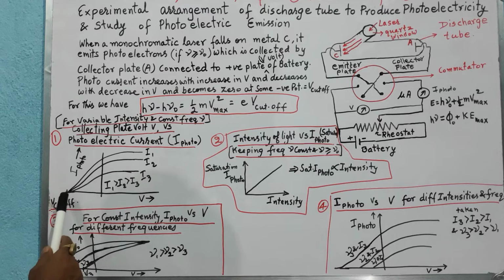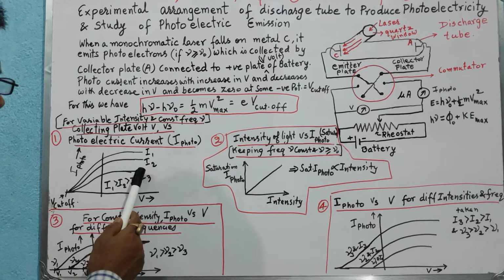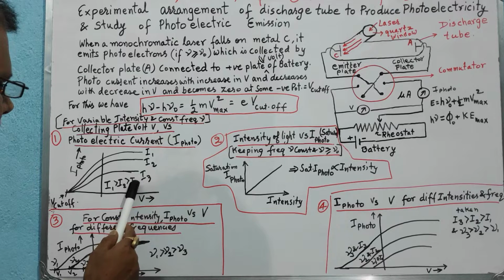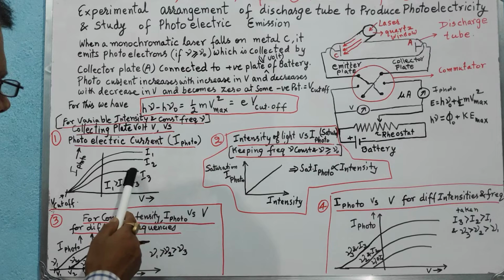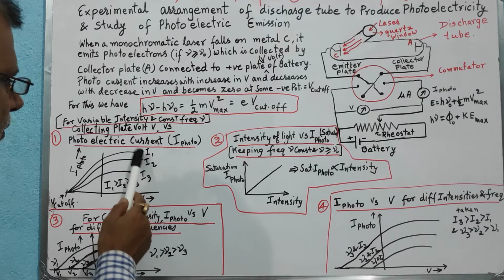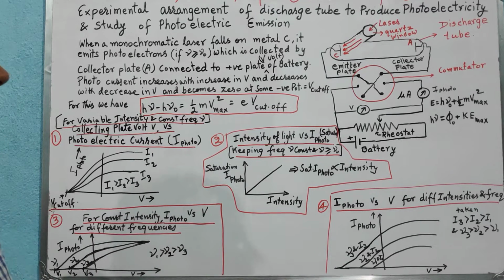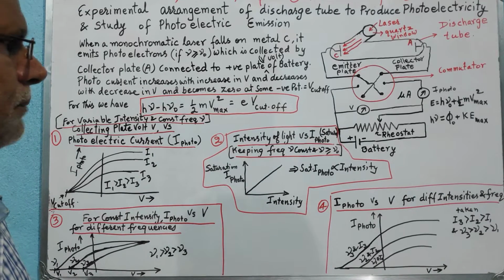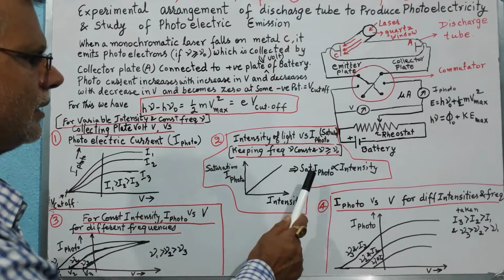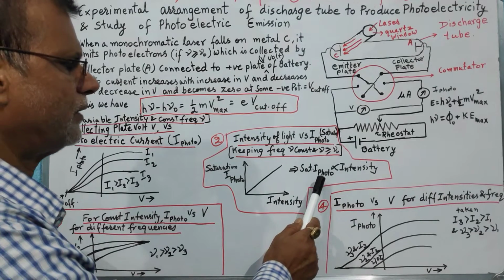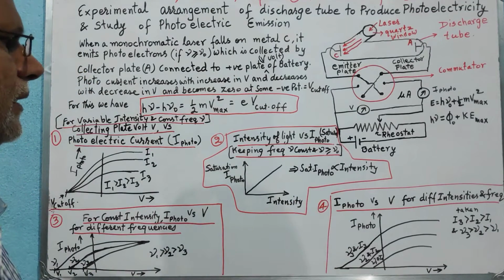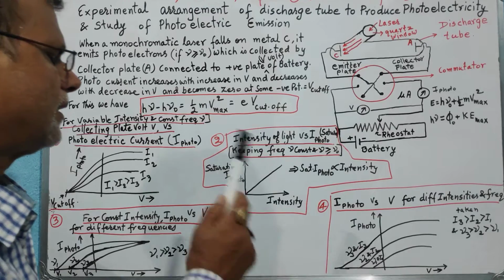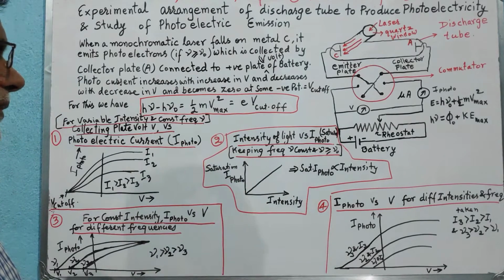For the lowest intensity the saturation current is lowest, and for the highest intensity it is highest, so this is a linear relationship. That means saturation photocurrent is always proportional to the incident intensity, keeping the frequency constant.